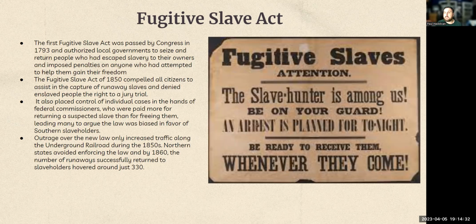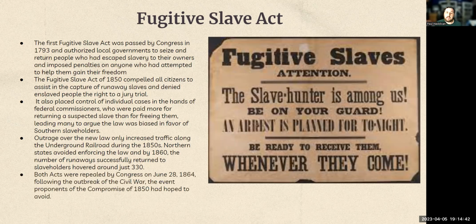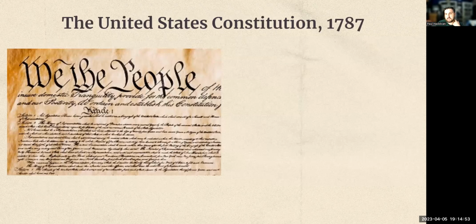So in a decade, only about 300 people were recaptured using this law. Both acts eventually will be repealed by Congress in 1864, after the Civil War. And so it's something that'll push us closer and closer to war during the time.